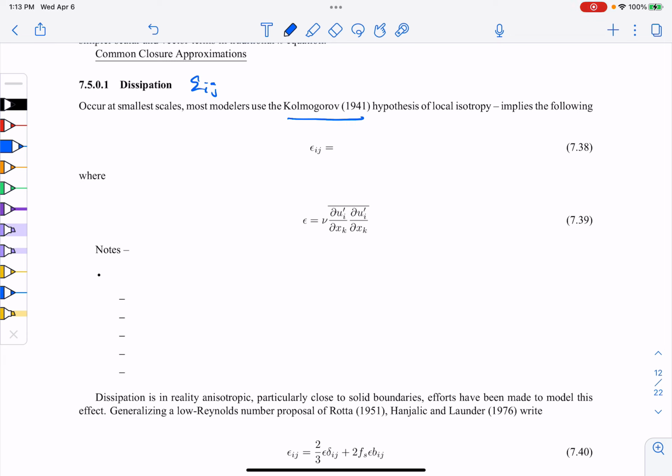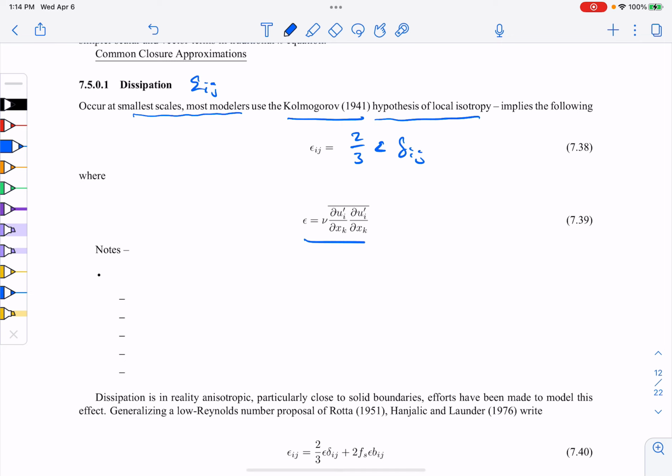So if we believe that dissipation occurs almost entirely at the smallest scales, and there's some local isotropy at the small scales, which I believe to be generally true, then that dissipation tensor, it's a tensor of ij, unlike, say, scalars using k-epsilon models, it'll be 2/3 of scalar dissipation of ij.